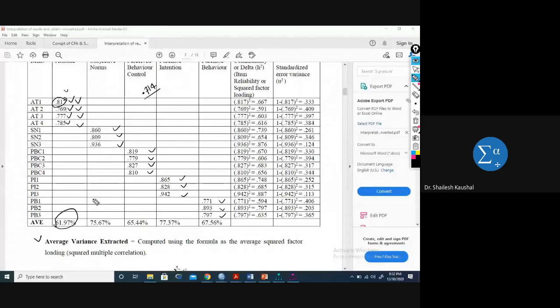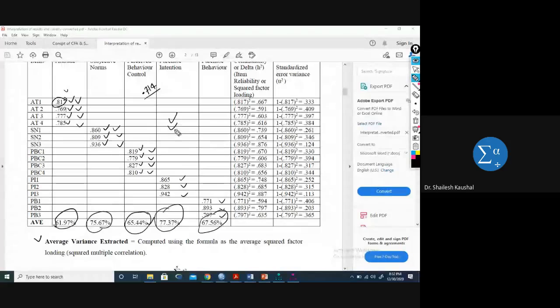Again we find the AVE by squaring these values, and the value we obtained is greater than 0.5 or 50%. Again we square, add and divide by 4, and we get this value. So all the average variance extracted values are greater than 50, which means the factor loading is okay.